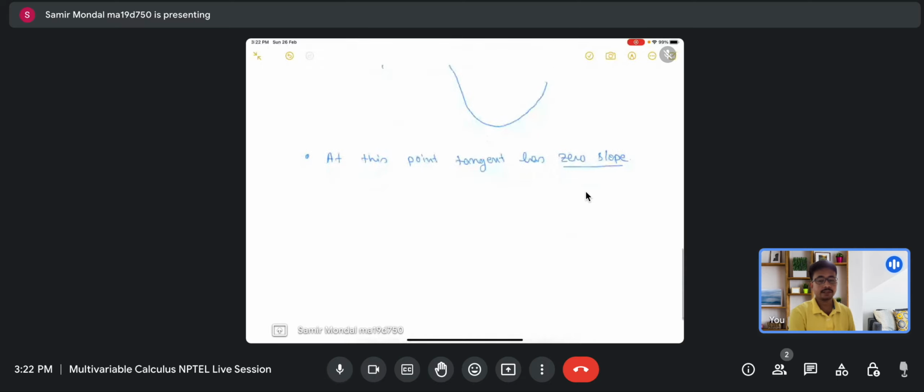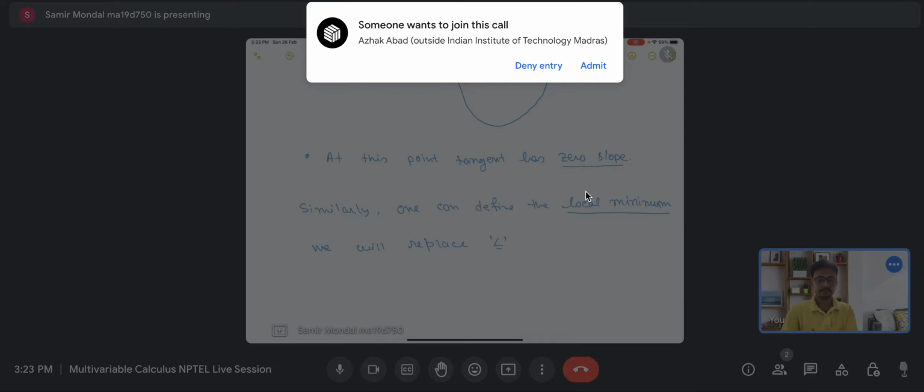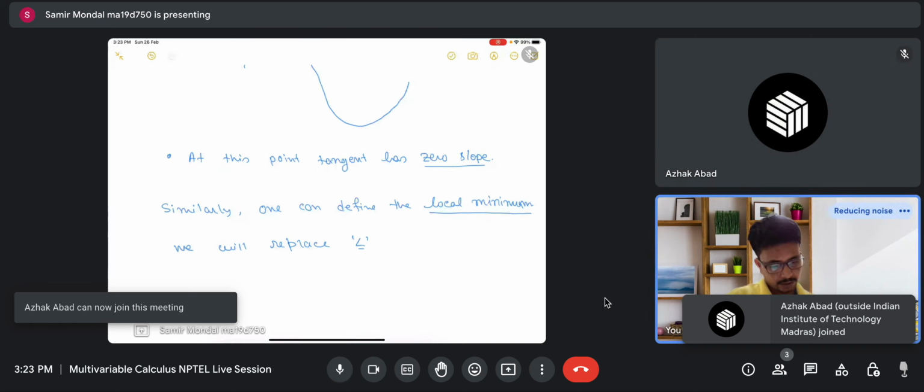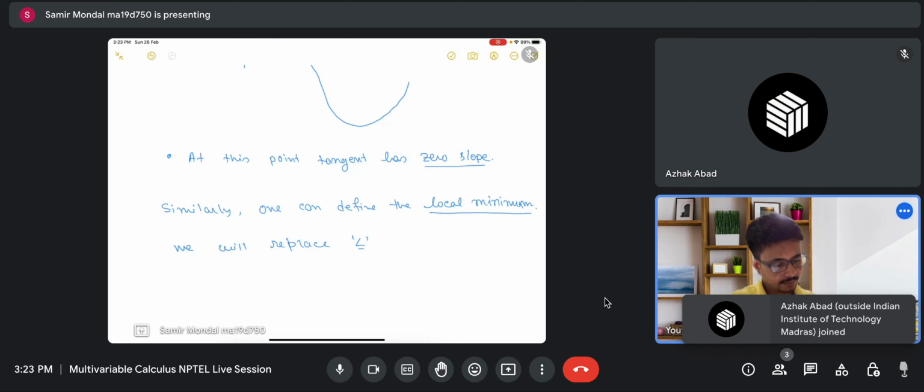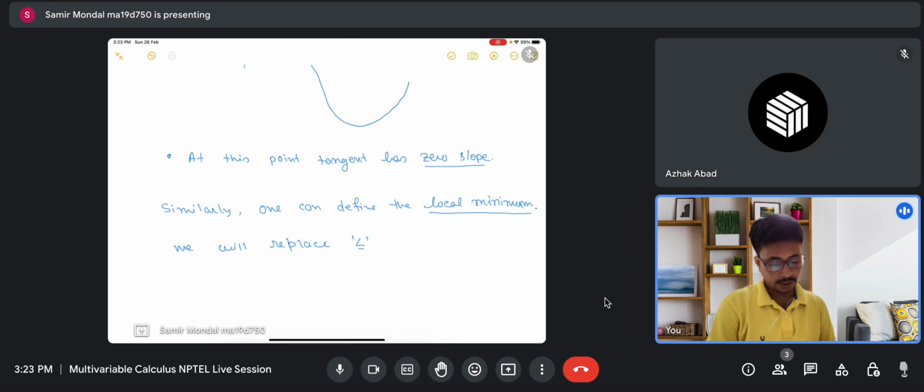So similarly one can define the local minima. For local minima we will replace the less equal to sign by the greater equal to sign.